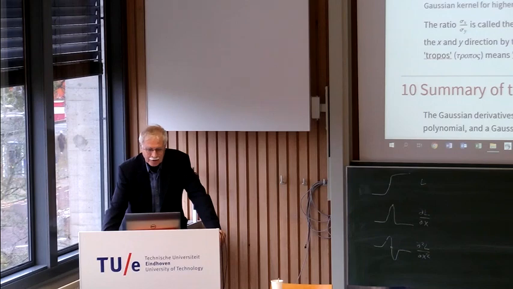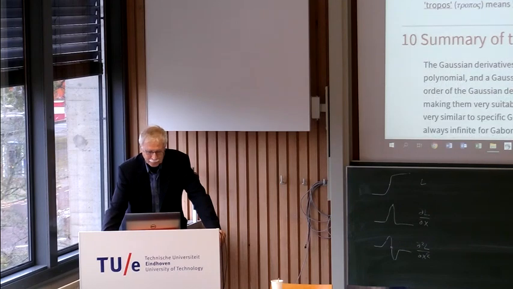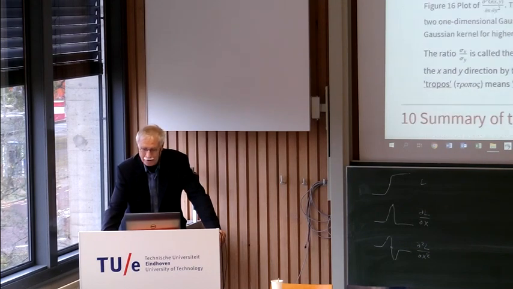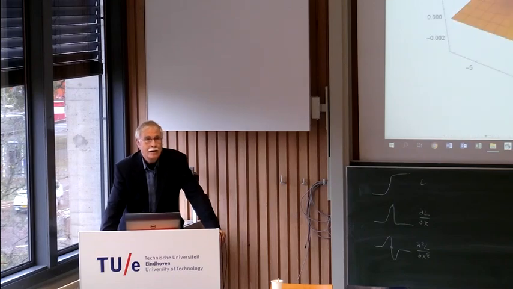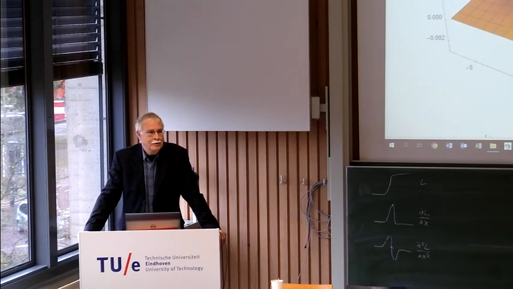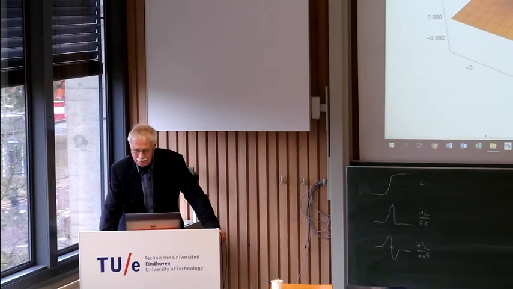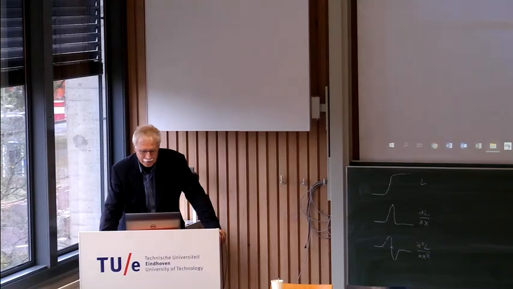And you can make them anisotropic. That's the summary of my Gaussian derivatives. Are there any questions on Gaussian derivatives? Because then I want to spend some time on how to implement all those, and then we go use them.